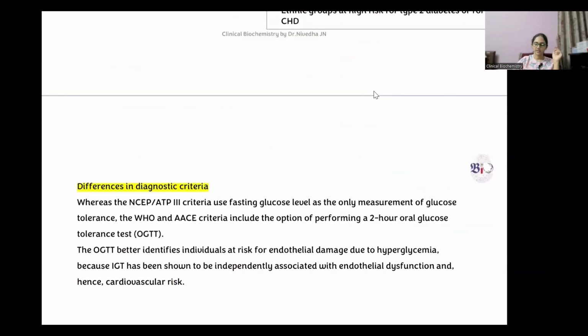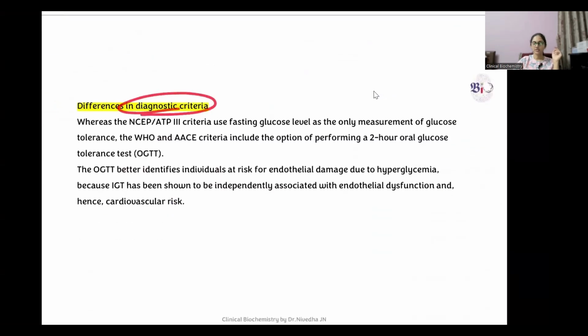Now, what's the difference? The AACE criteria and WHO criteria take 2-hour postprandial levels also. In addition, WHO criteria takes microalbuminuria into consideration, and NCEP uses only the fasting glucose level. So this is what you have to know about the differences.